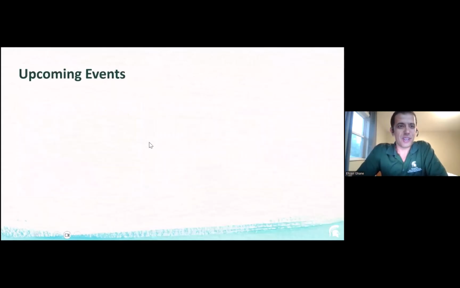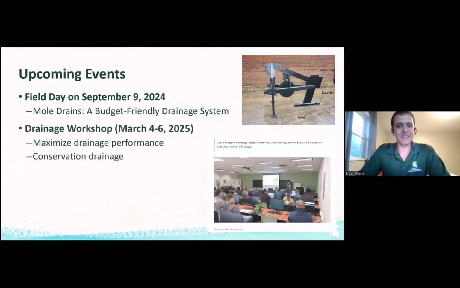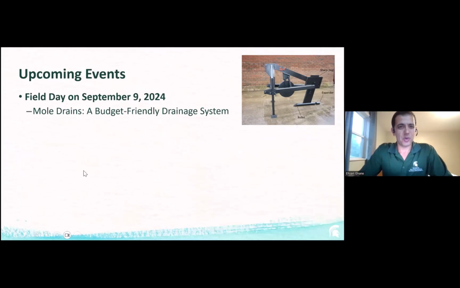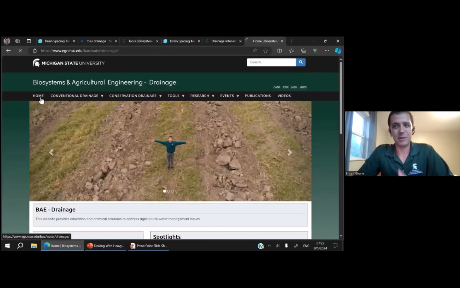So to finish, I would say that we have a field day next Monday, September 9. This is a mole drains field day. This is a cheap alternative to subsurface tile drainage, which I was talking about earlier. It's a budget-friendly drainage system. If you're interested in that, you would be able to find information on the MSU Drainage website.